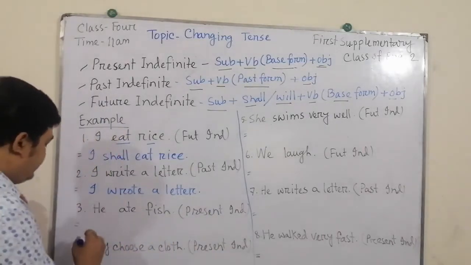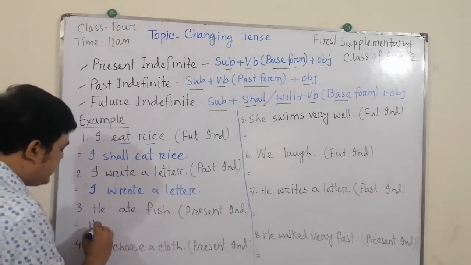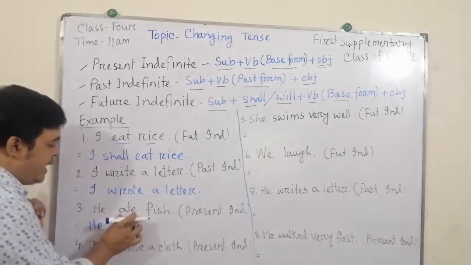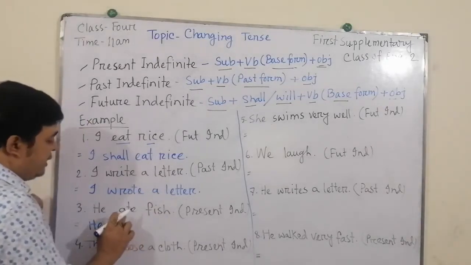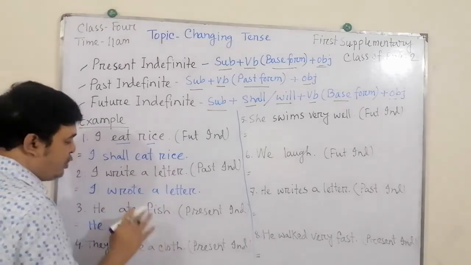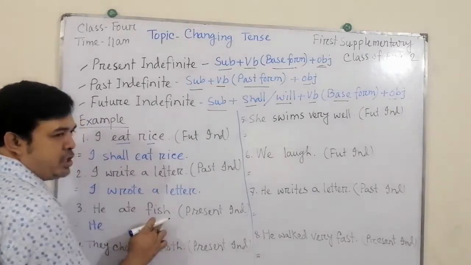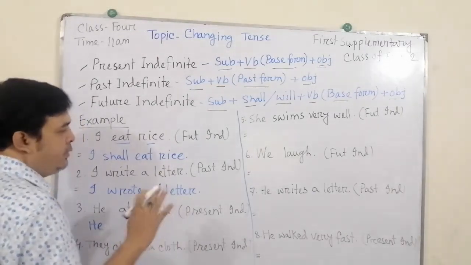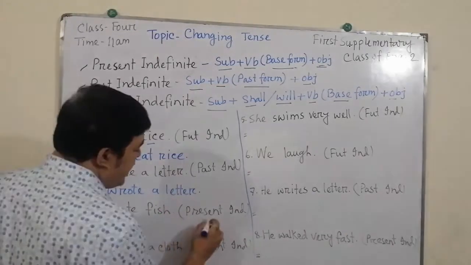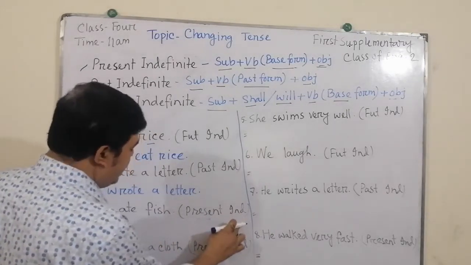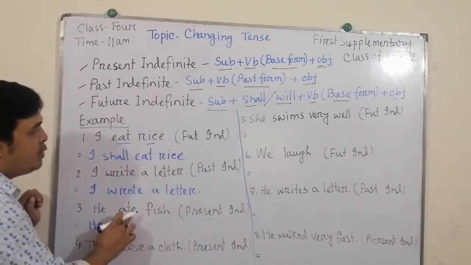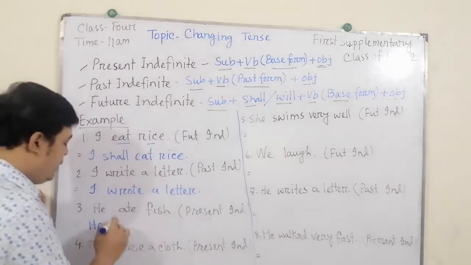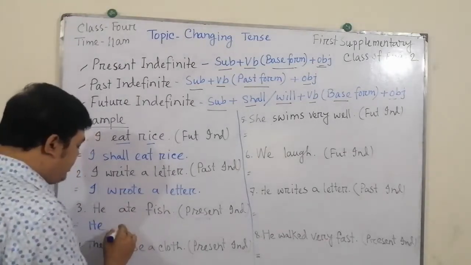So I have taken the subject as usual, then ate. We know that ate is the past form. So he ate fish is past indefinite tense. But what am I making? I am making present indefinite. Clear? So I have to take the present form of this verb.